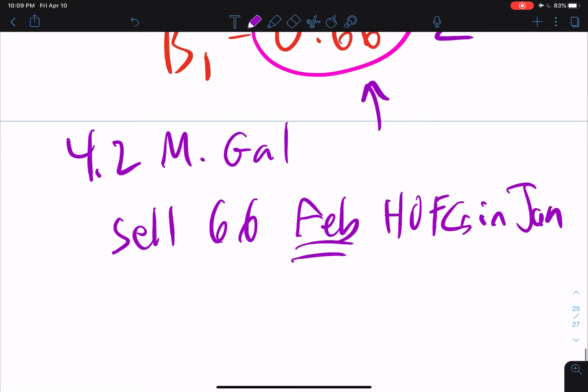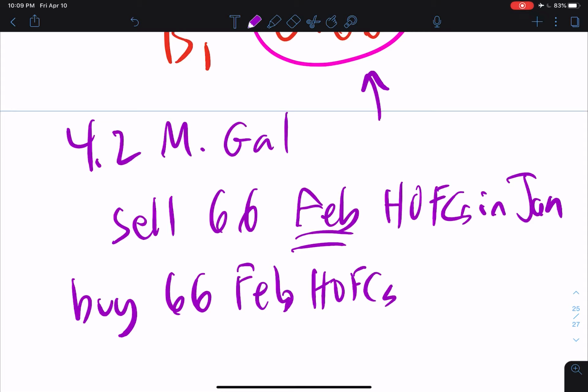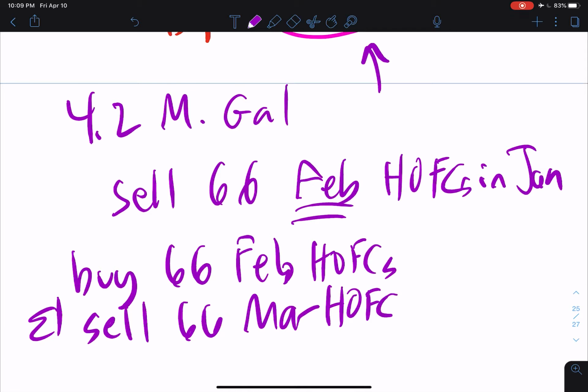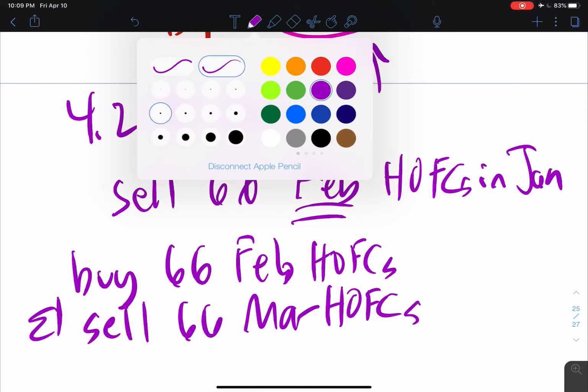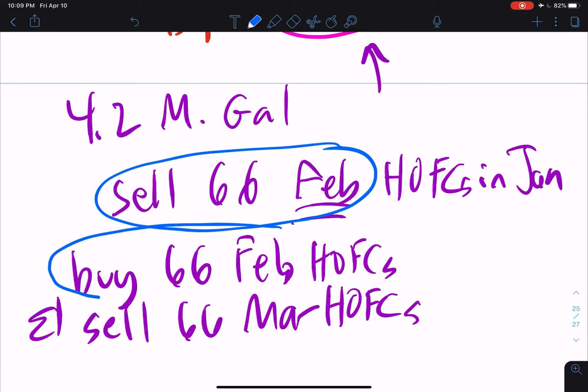So what he'll do then is he'll buy, or take a long position in, 66 February heating oil futures contracts, and he will sell 66 March heating oil futures contracts. If you can see what's going on here, when he buys the 66 February, recognizing that he's previously sold 66 February, that effectively cancels.